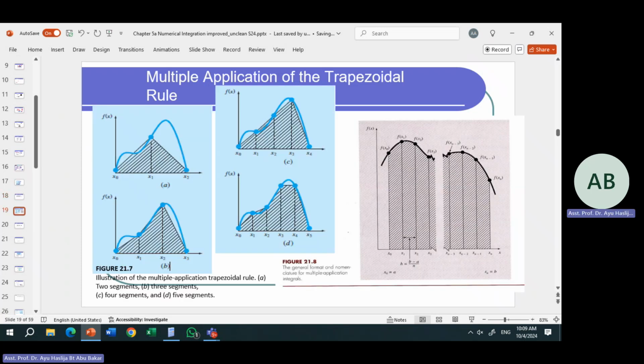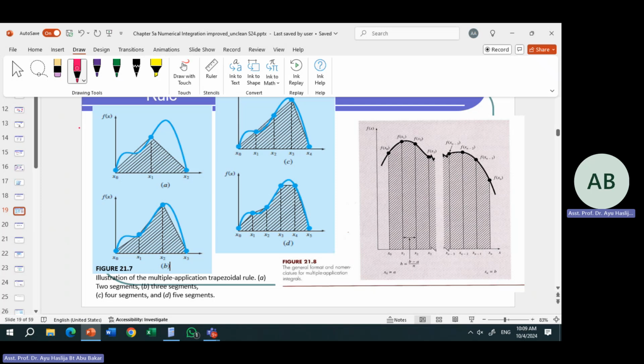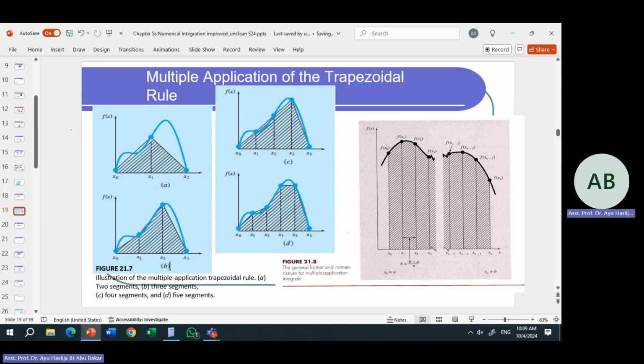Okay, so for multiple, you can see from here, for A, n equals 2 because you have 2 segments. B, you have 3 segments. C, even more. D, even more, until 5 segments.